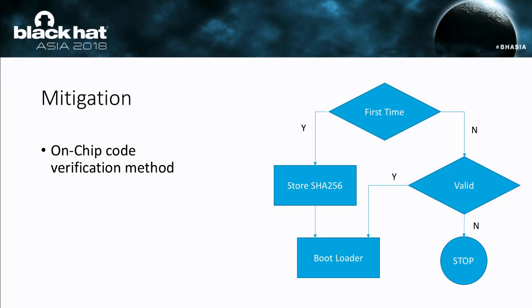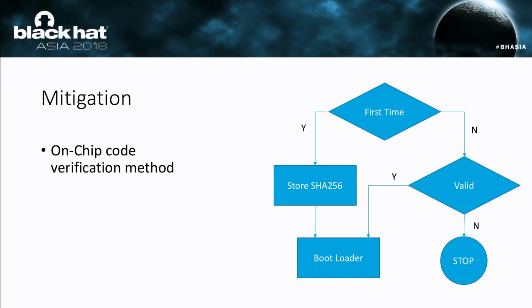And the next time, the stored value will be compared with the calculated value. If they are the same, they are equal, which means that the integrity of the bootloader has not been compromised. The stored value is the original one. The boot process will be continued.